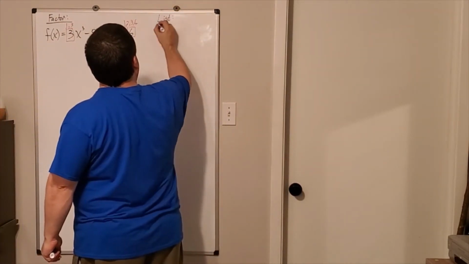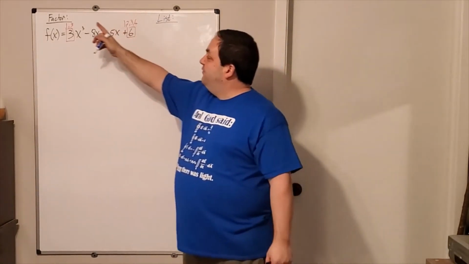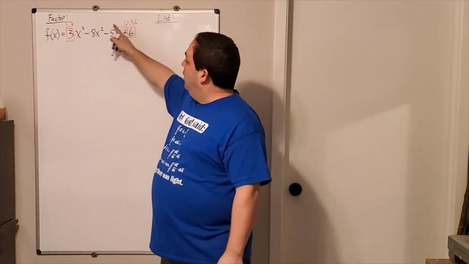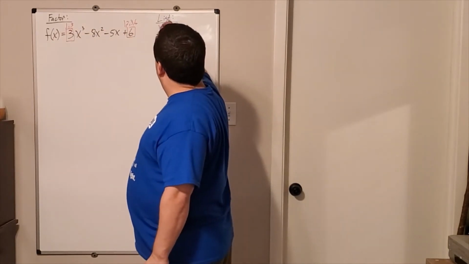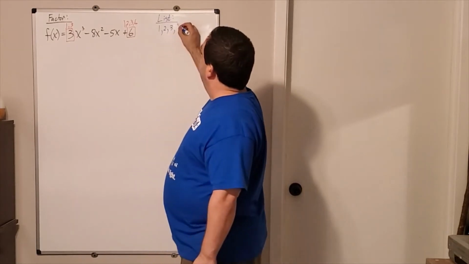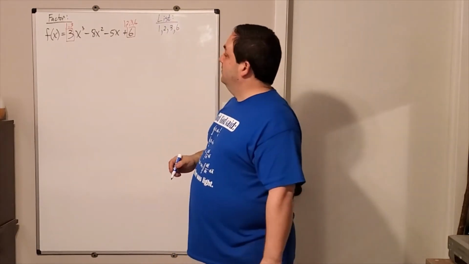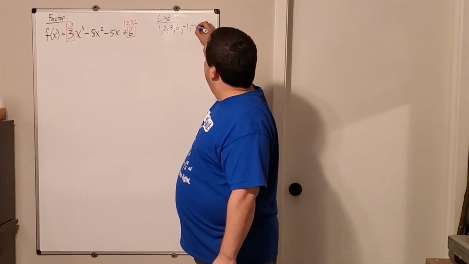Don't forget, the list is all about making combinations and patterns with these factors. So I'll have 1 over 1, 2 over 1, 3 over 1, 6 over 1, right? And then, of course, the negatives.